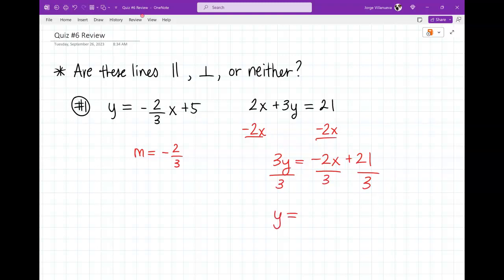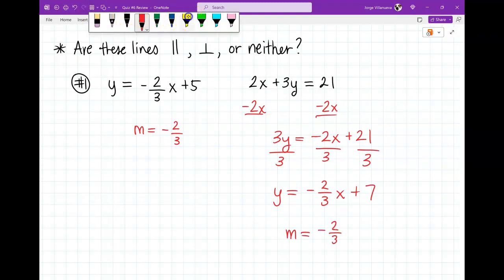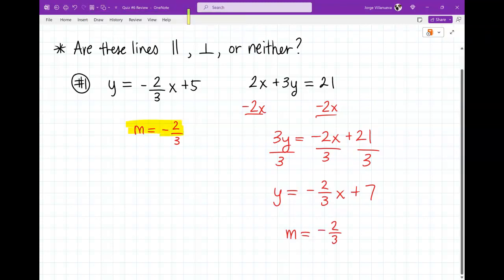So y is equal to negative 2/3 x plus 7. Okay, what's the slope on this one? Negative 2/3. All right, so the slope of my first equation is negative 2/3. The slope of my second equation is negative 2/3. What are these slopes? Parallel. They're parallel, right? Because they're identical. Parallel lines. Identical. Okay?